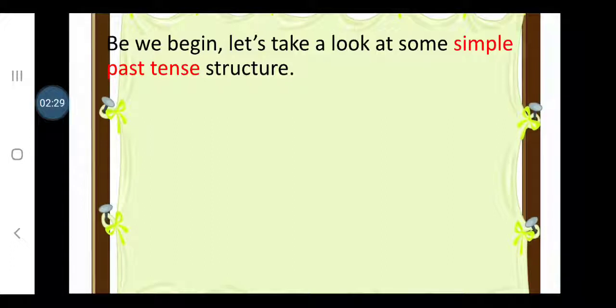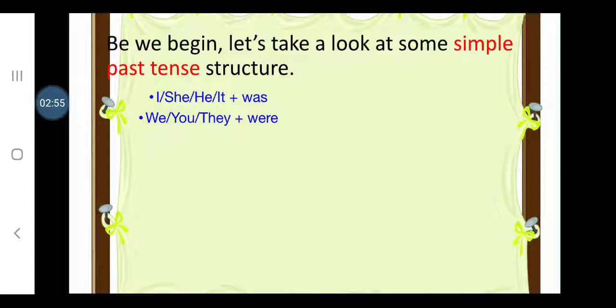Before we begin, let's take a look at some simple past structure. I, she, he, it, plus was. So I was, she was, he was, it was. We, you, and they always use were.